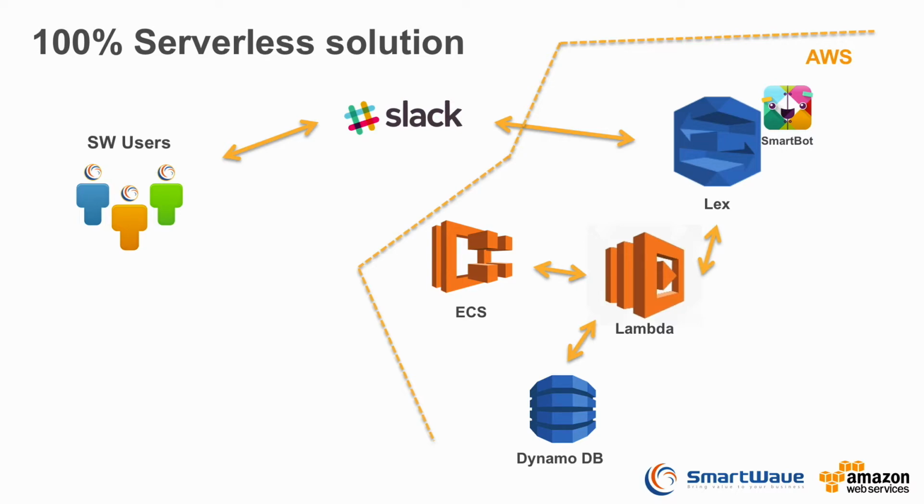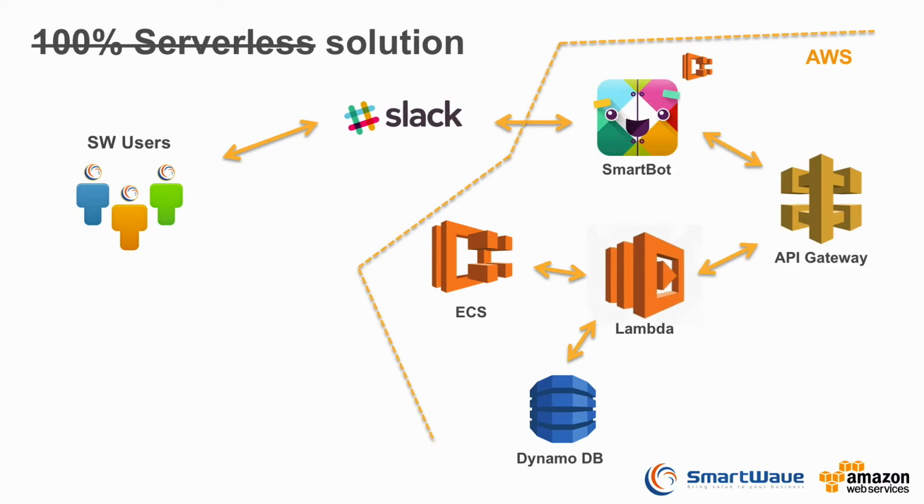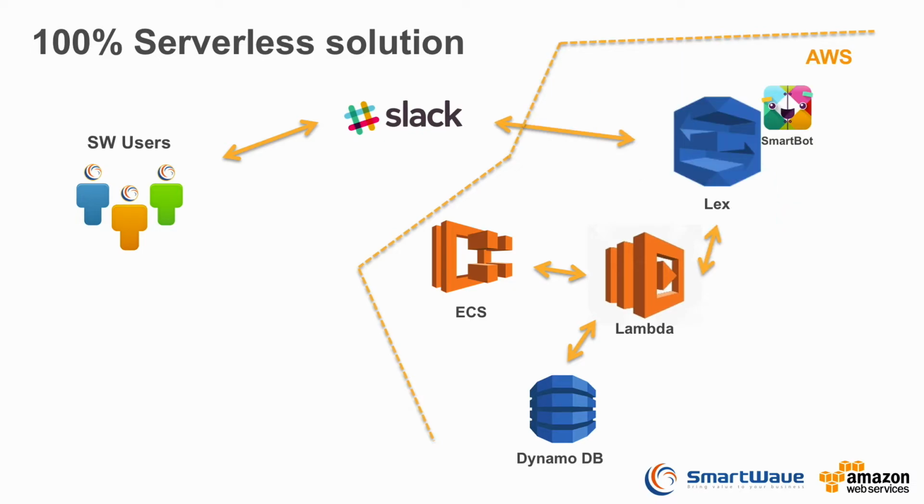This schema shows that the only thing we changed is that we removed the SmartBot and the API Gateway and replaced those two components with the Lex service, which can directly call the Lambda function and assume the security and the different things that the API Gateway did for us when we call the Lambda function.